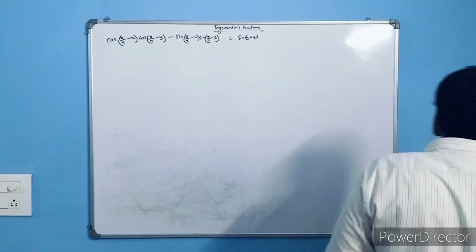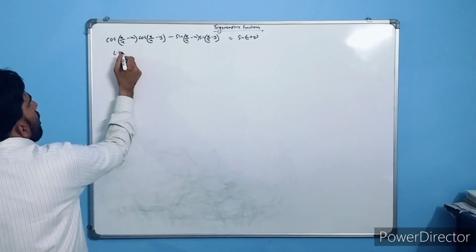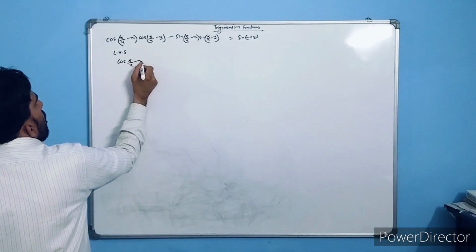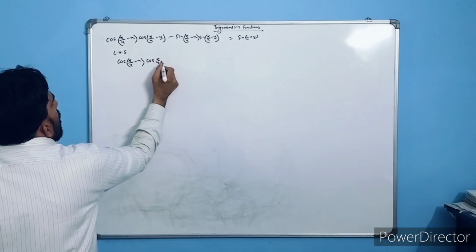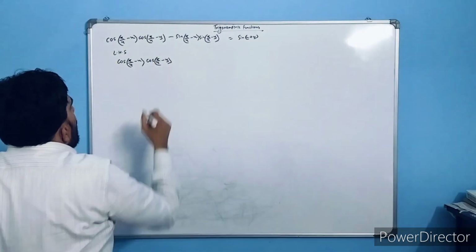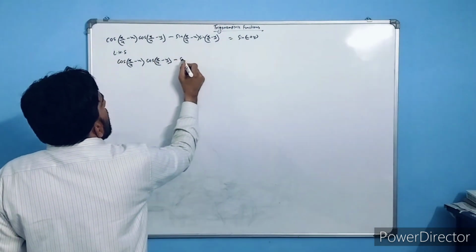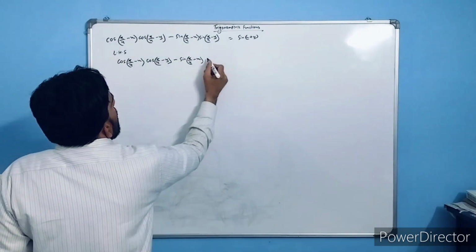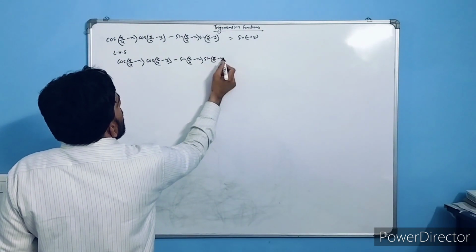Now LHS is there first of all. So now LHS, let us put it here: cos (pi by 4 minus x) cos (pi by 4 minus y) minus sin (pi by 4 minus x) sin (pi by 4 minus y).